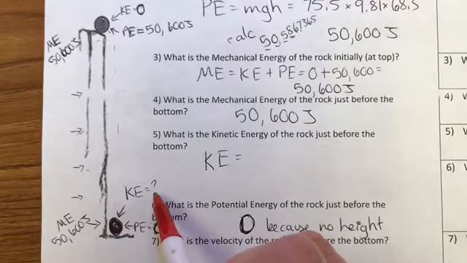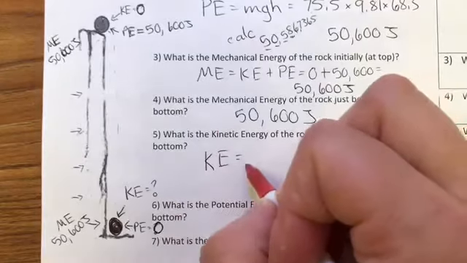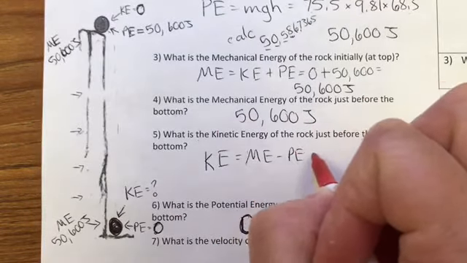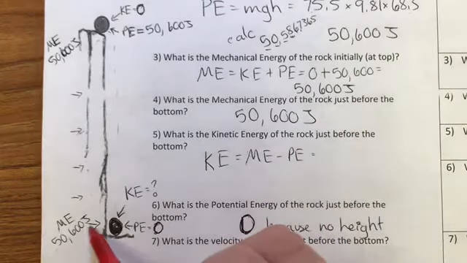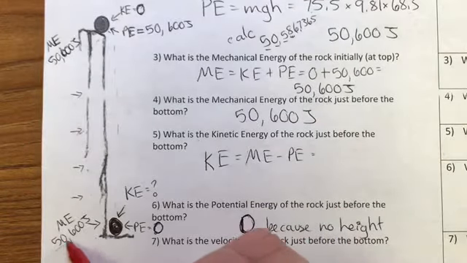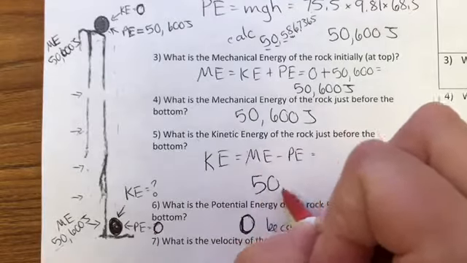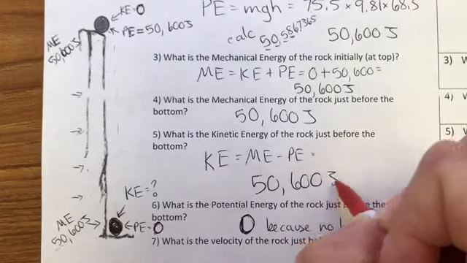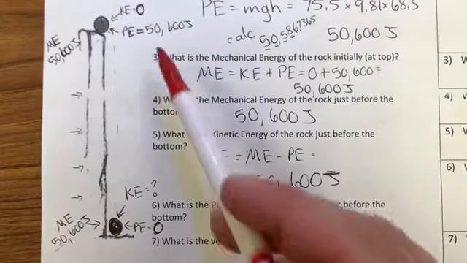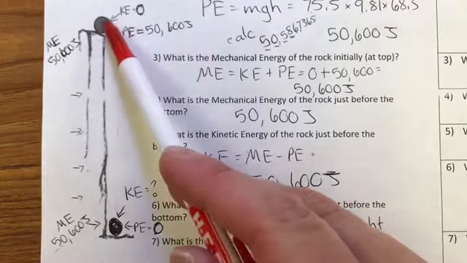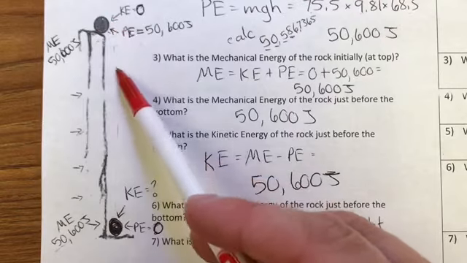What's my kinetic energy at the bottom? Well, the kinetic energy is the mechanical energy minus the potential energy. 50,600 minus 0, 50,600 joules. All of that potential energy, it was just sitting there waiting, has transformed as it falls.